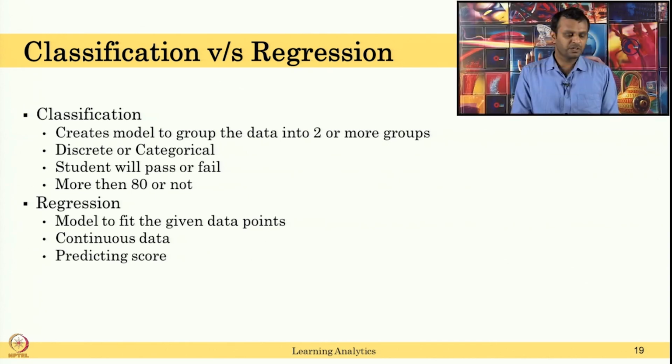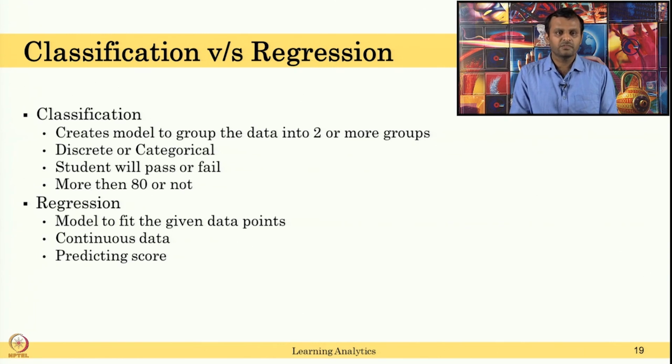So, the classification algorithm creates a model to group the data into 2 or more classes, binary or non-binary classifiers. The y is usually discrete or categorical, for example, the student will pass or fail, or the student will get more than 80 marks or not.